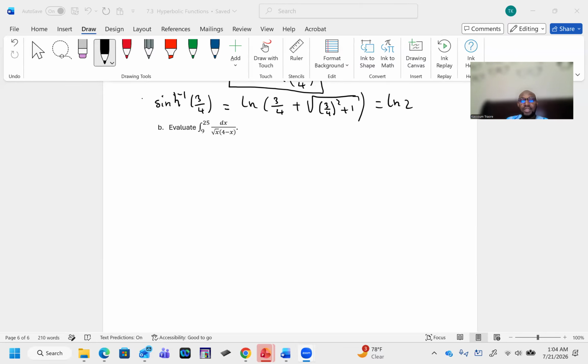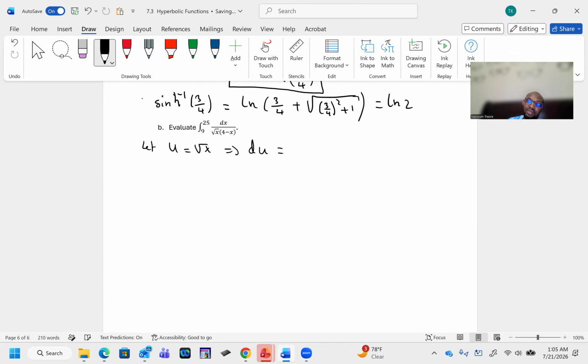This one does not match any of the formulas we have in the previous theorem, right? So we have to use substitution. Since it involves the square root of x, that's the only power we see here. We will say let u be equal to the square root of x and rewrite this based on that.